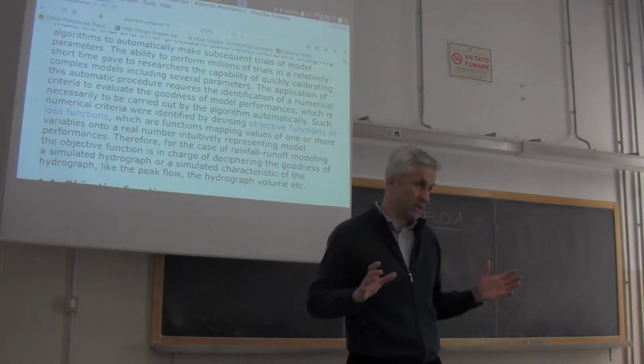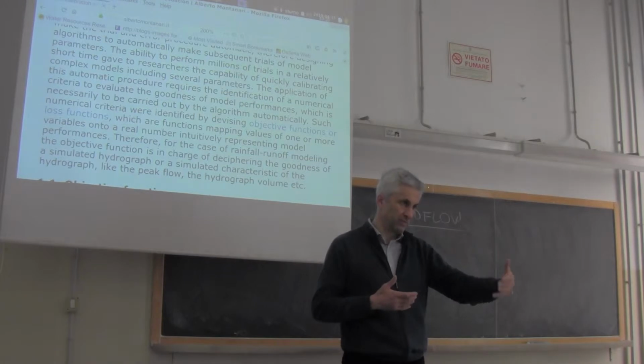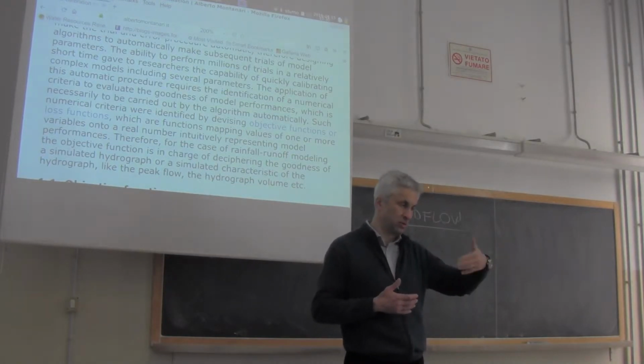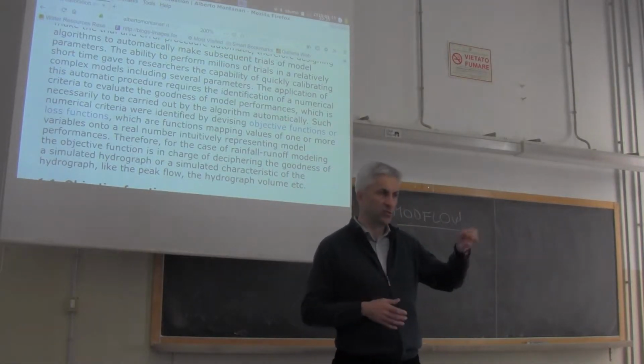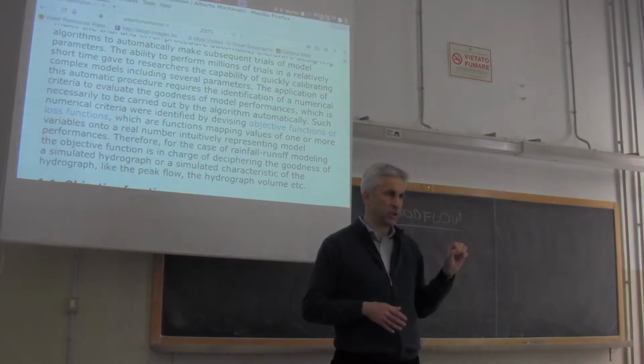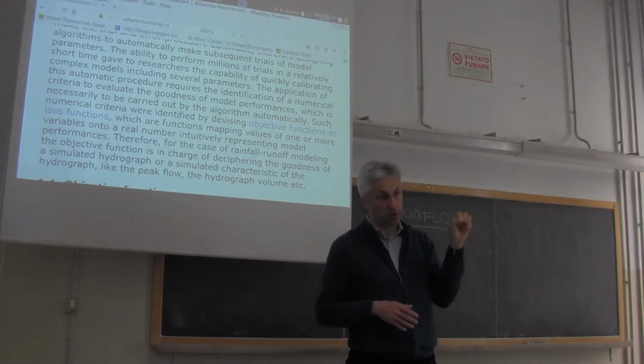This is relatively easy. We give an automatic run of the model to the PC, and we can tell the PC to run the model millions of times, and to find the combination of parameters that is best performing.